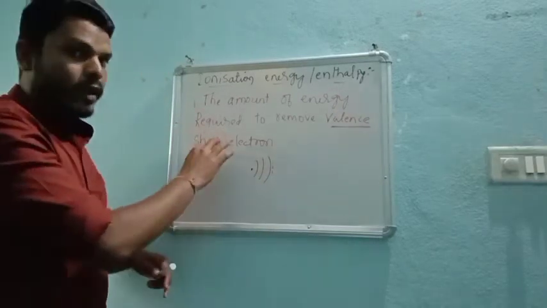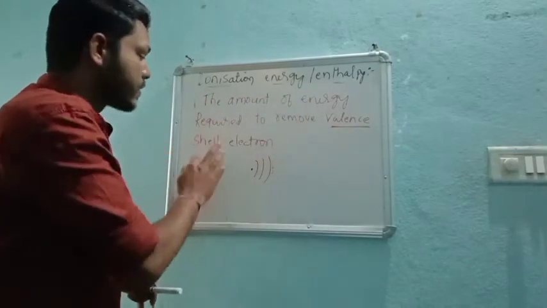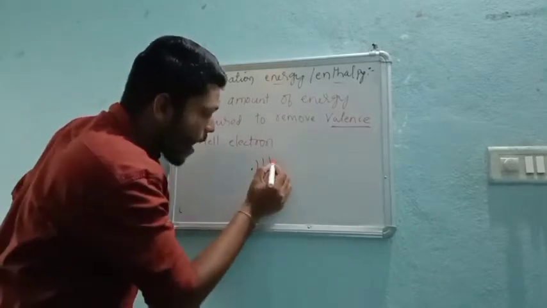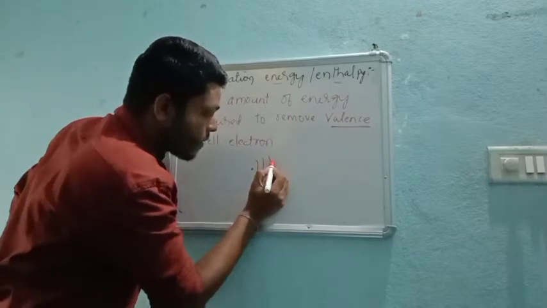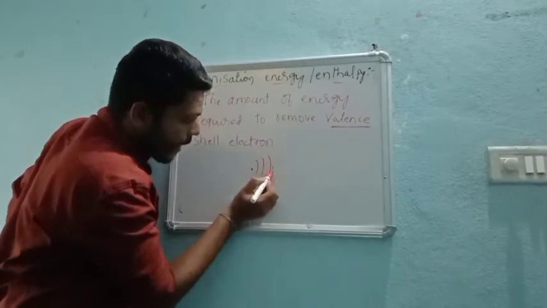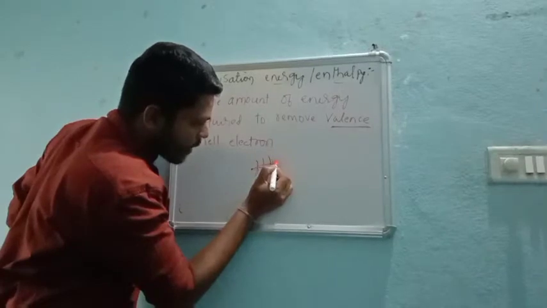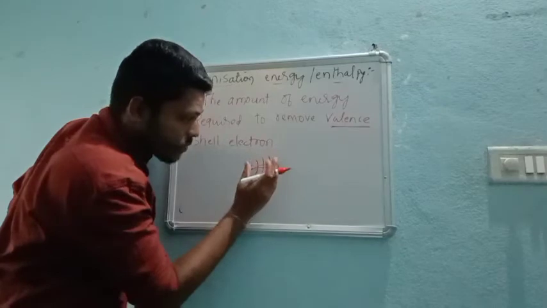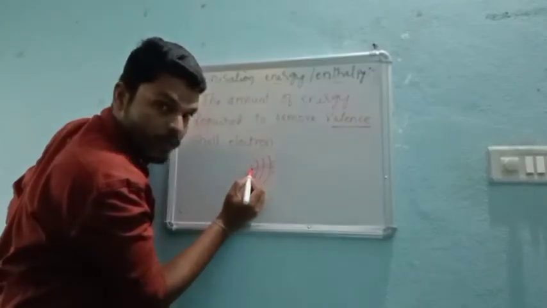So now, according to the definition, the amount of energy required to remove a valence shell electron, that means the electron present in the valence shell, to remove this. Why? Because it has a very tight hold with the nucleus. Because these electrons have negative charge and the nucleus has positive charge, so these electrons always attract towards the nucleus.